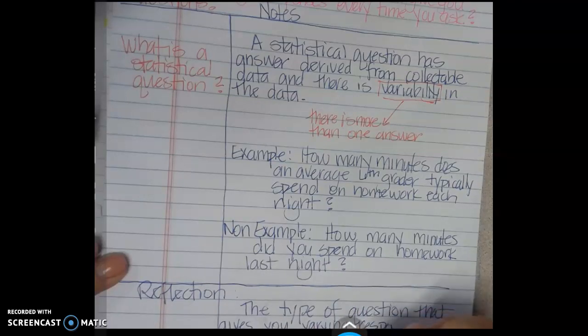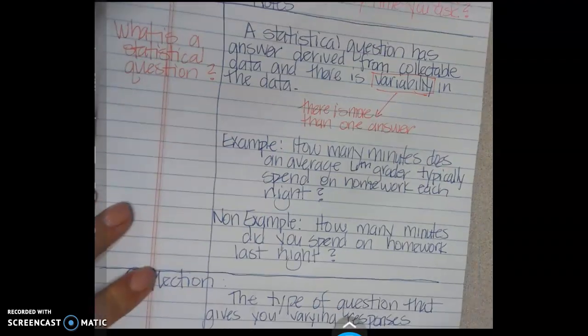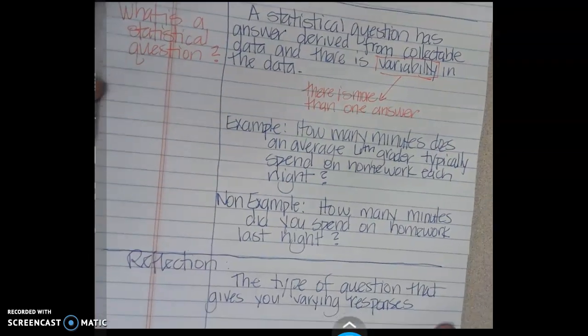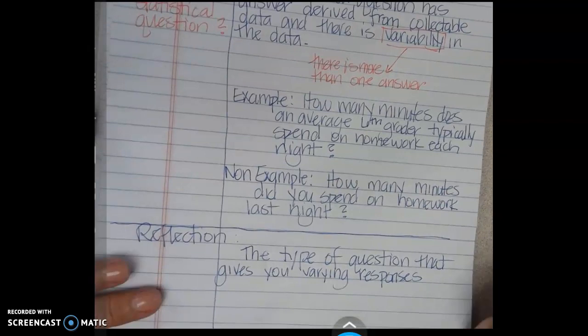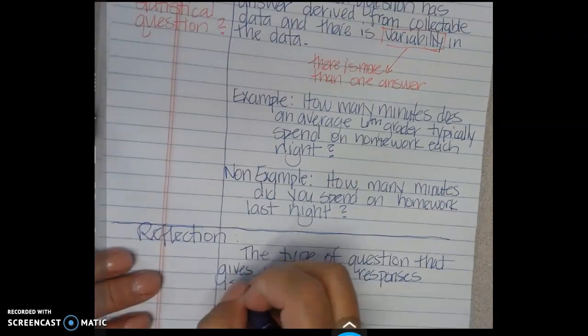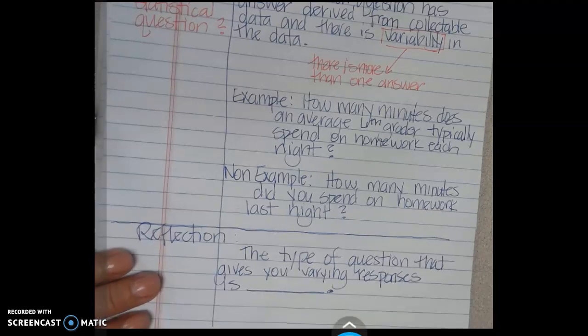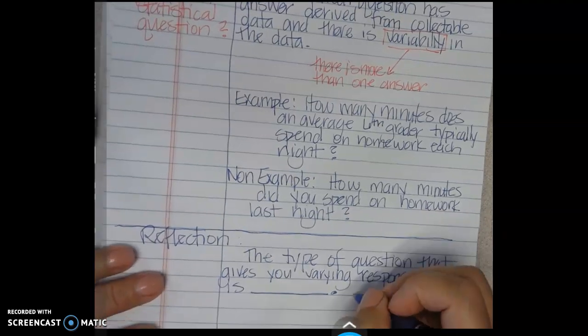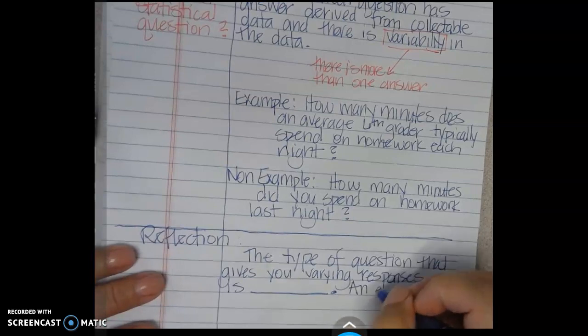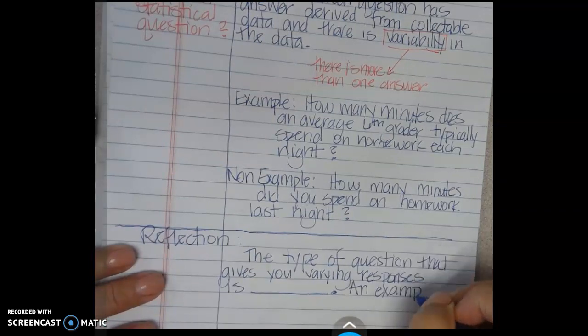And then you're going to give me an example. You'll have to come up with your own type of question that's going to have more than one response. I'll give you one, but you can't use mine.